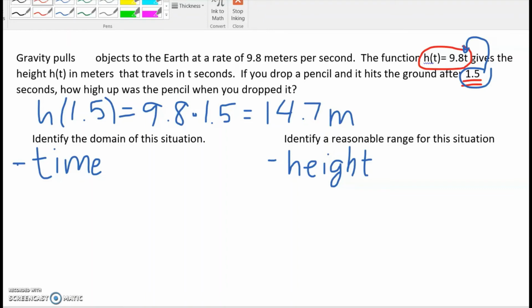As long as it says identify a reasonable range for this situation, and your domain and range are reasonable, if you can make an argument for them in this situation, then you're fine. So if we wanted to say that time could go from 0 to 5 seconds, we just have to figure out what that means with the height.